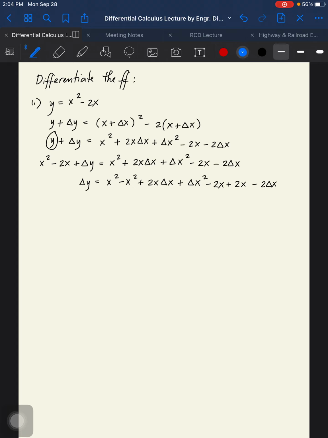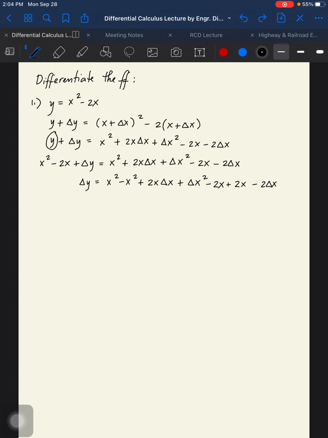One way to do that is to count how many terms we have. 1, 2, 3, 4, 5, 6, 7, 8. So nothing is left behind. Again, the terms here are separated by operations.